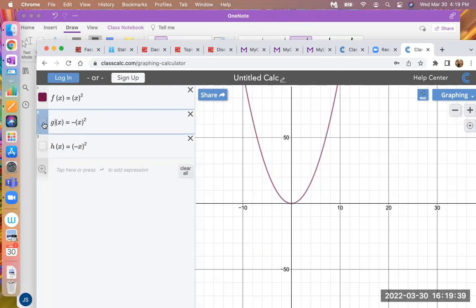Okay, so I'm going to take that one away. And then this one is when we flip about the y-axis, and this one's kind of weird. Let me show you. So right now our graph is this purple color, and when I click on this reflection about the y-axis, where I change the input to negative, that graph lies right on top of the original purple graph.